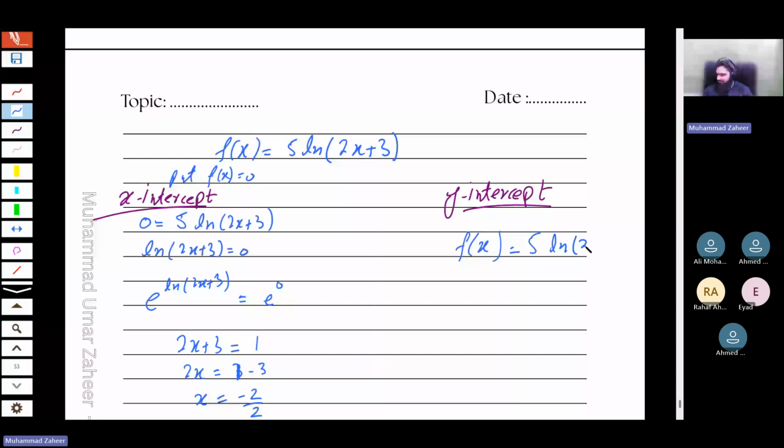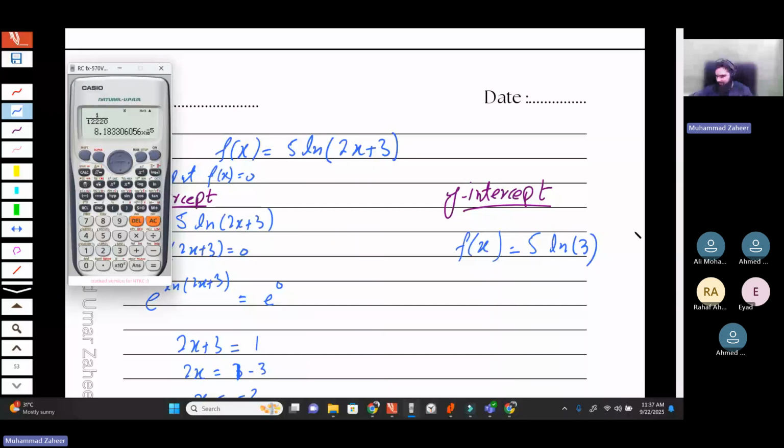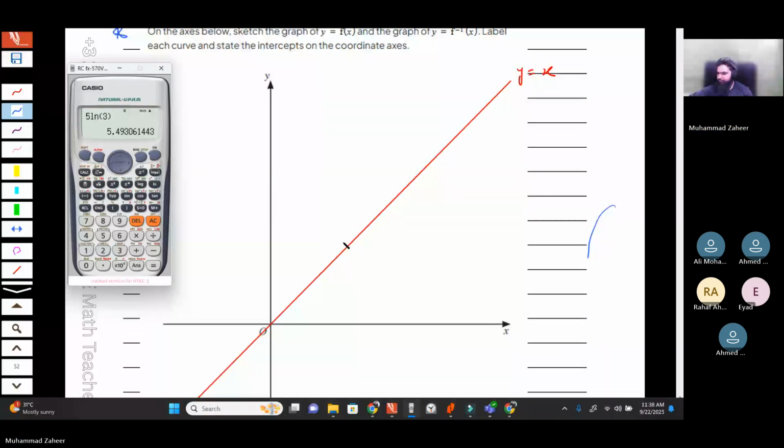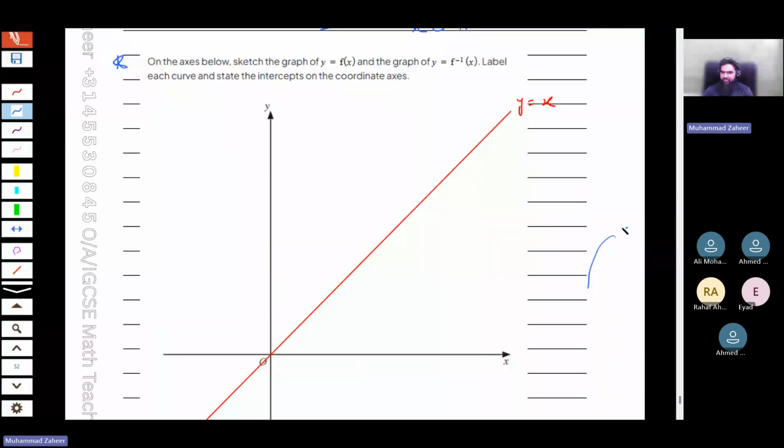If I check it on the calculator, I don't need it, but I'm just showing you, it is going to be 5 point something, okay? So the shape of the graph, we already talked about, is going to look like this, right? Because when it is only a single natural log, it is going to be this shape.